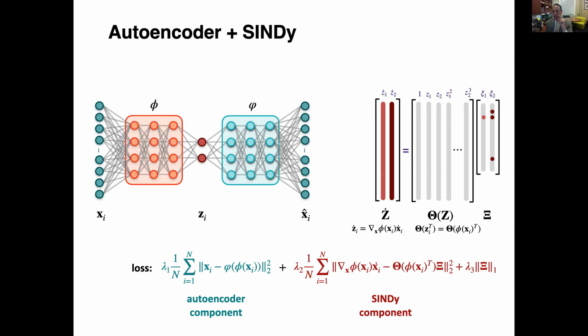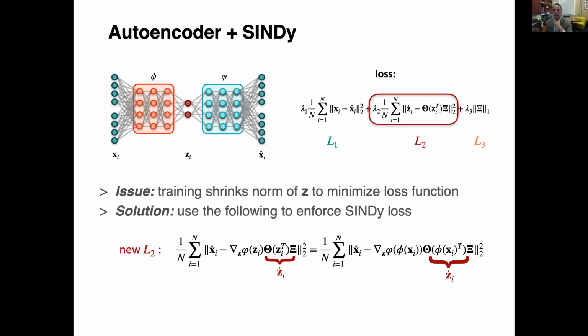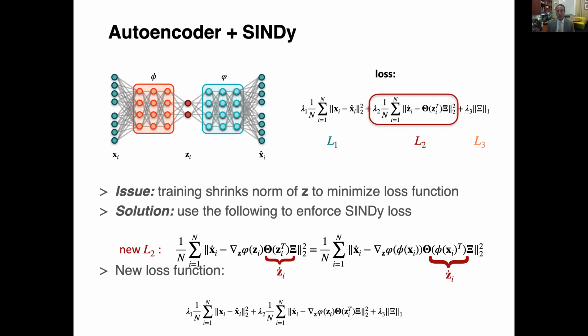So that's why you need to write it in terms of the X variable, right? And so that's part of what we've done is we've said we can actually write this in terms of Z or X or put them both in. So there you go, that's the new loss function. And those are the kind of tricks you have to figure out when you go through this thing, which become actually really critically important.